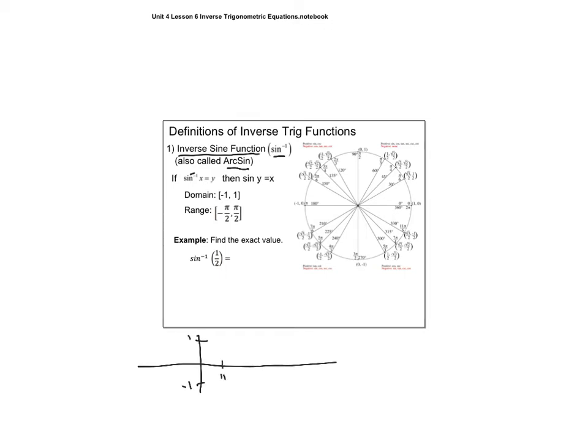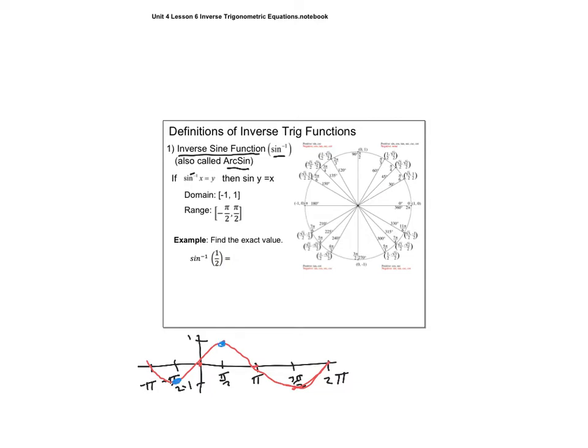So if you remember how our graphs go, if I were to graph out your sine graph, it would look like that. Our restriction here is from negative pi over 2 to pi over 2.